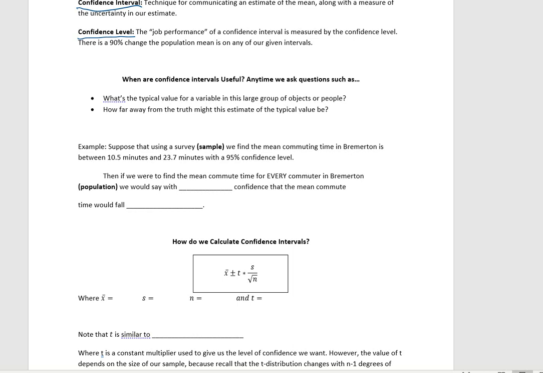That means if we were to take the mean commute time for every single commuter in Bremerton, we would be saying with 95% confidence that the average for every commuter would be somewhere between 10.5 and 23.7.